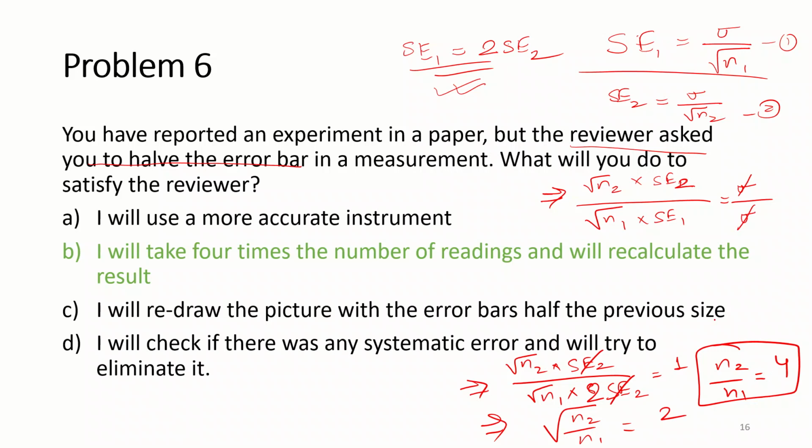Does it have to be done in this manner only, because I understood it as a theoretical question? If the question is theoretical, you can answer essentially, because the options are made like that.